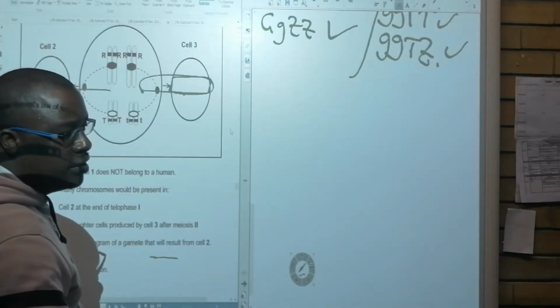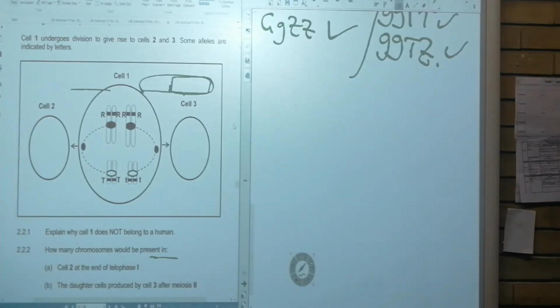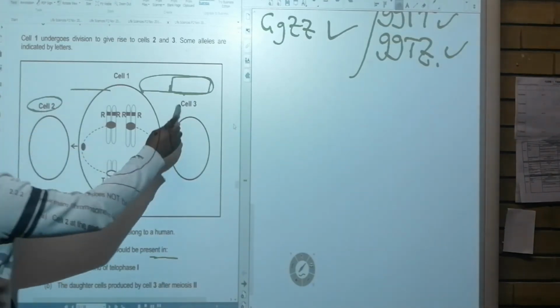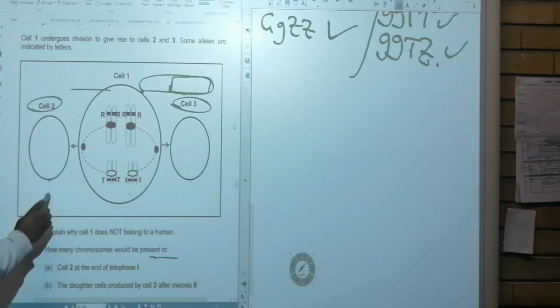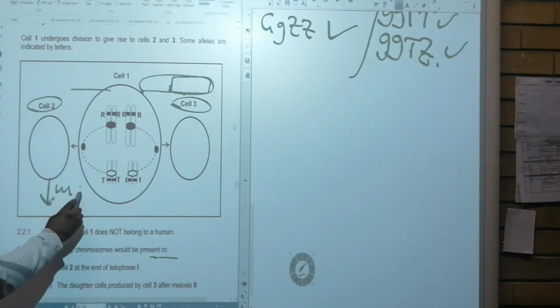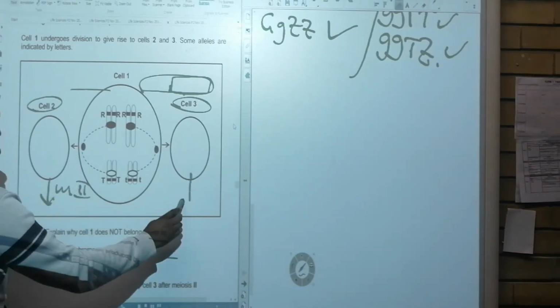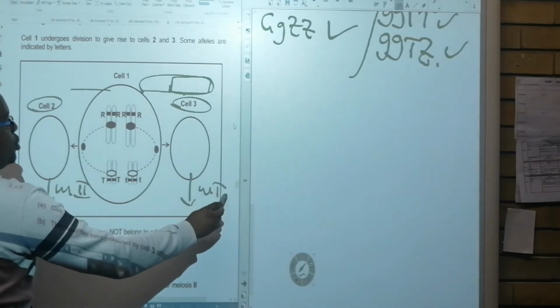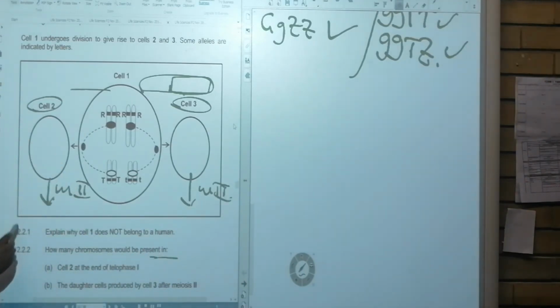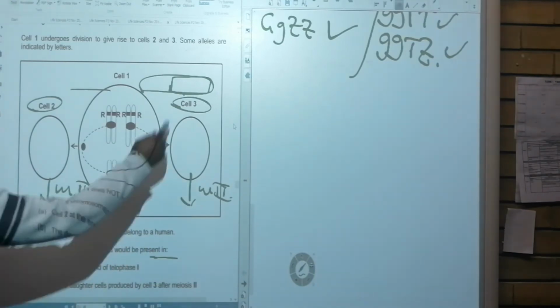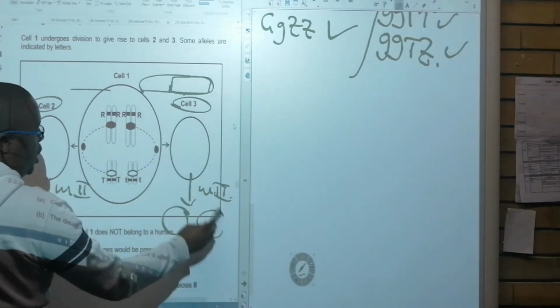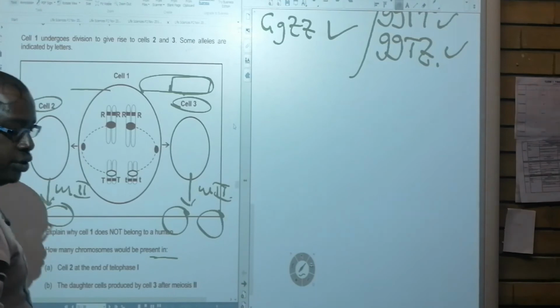Because bear in mind, this cell and this cell are going to go to meiosis 2. This one will go to meiosis 2, and then this one will produce 2 haploid gametes.